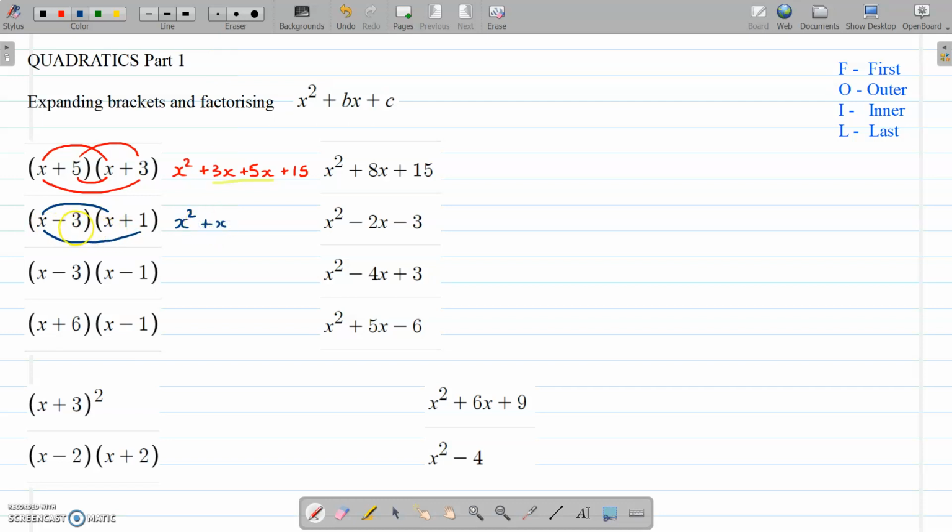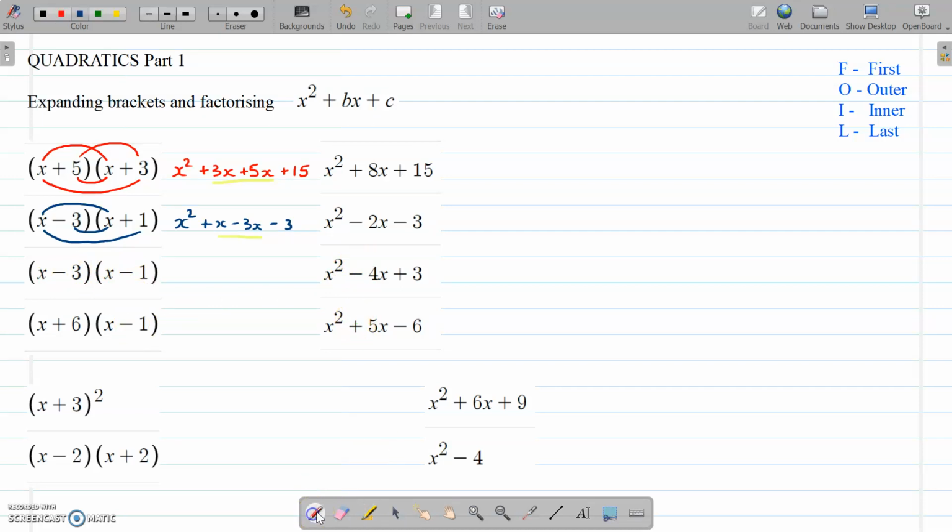The inner term would be minus 3x, and the last terms would give us minus 3, because it's minus 1 times 3. And when you combine those two middle terms, again you can see that x minus 3x is minus 2x. Okay, the same kind of procedure has been applied to here and here to get to these.